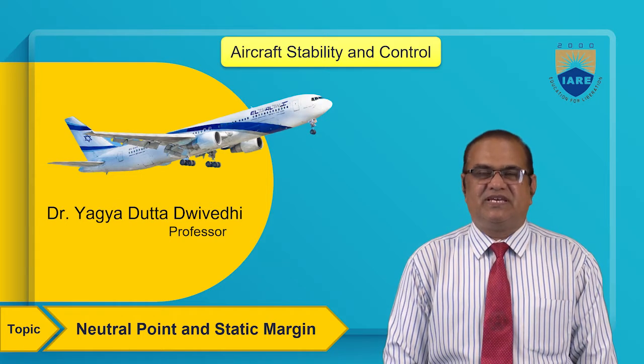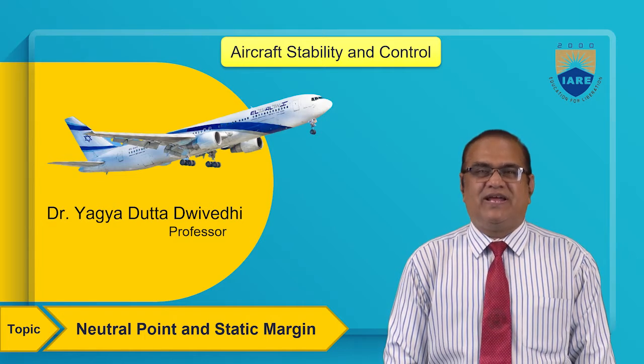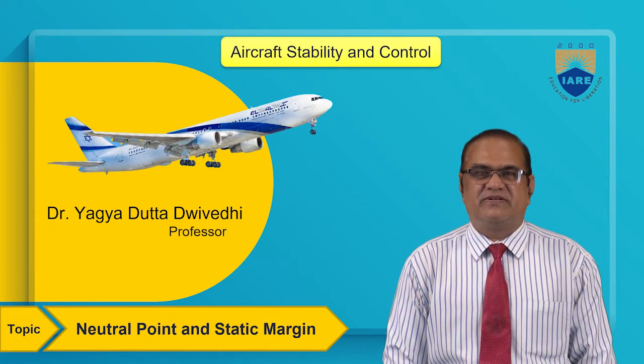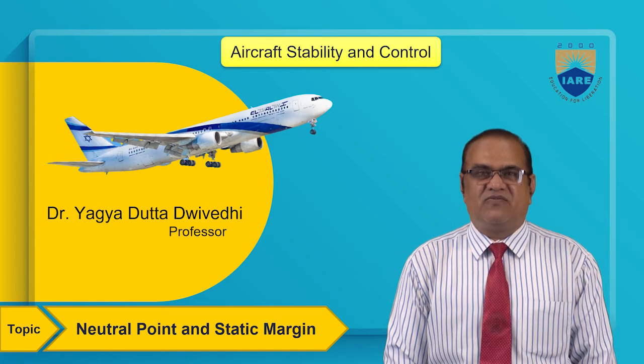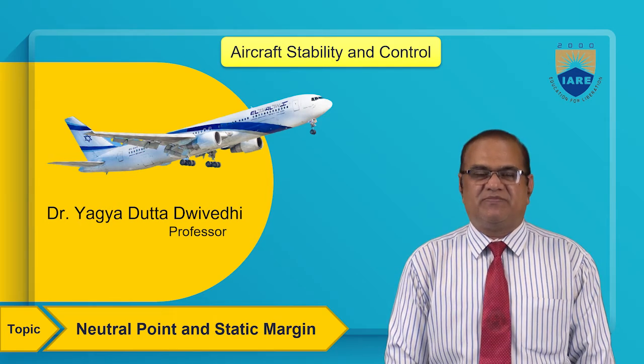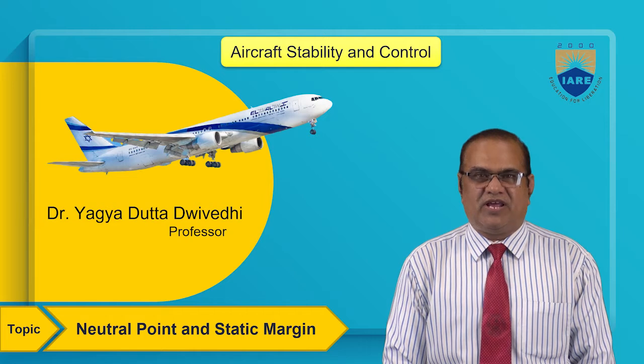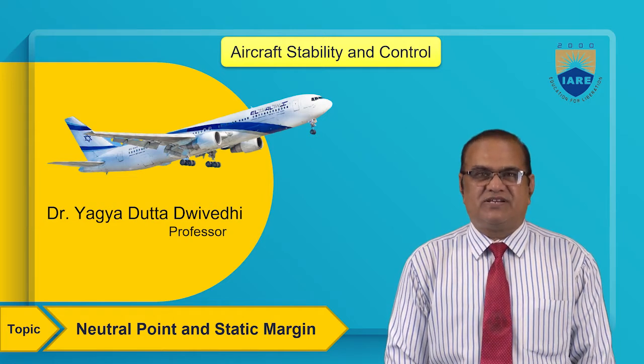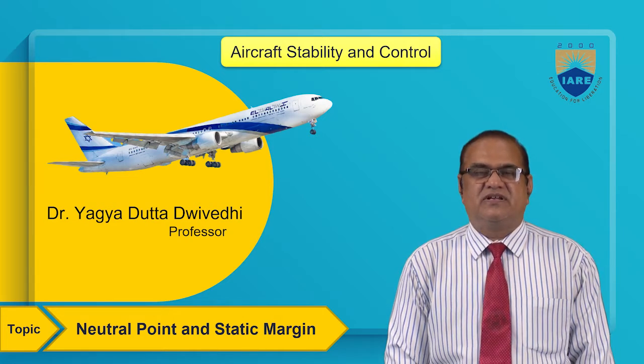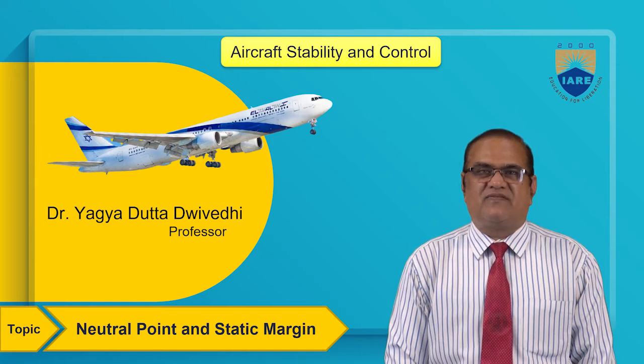Static stability is the ability of an aircraft when it gets disturbed by external forces. These forces may be a gust from the wind or any atmospheric turbulence. If it occurs on an aircraft, the attitude of the aircraft will change.